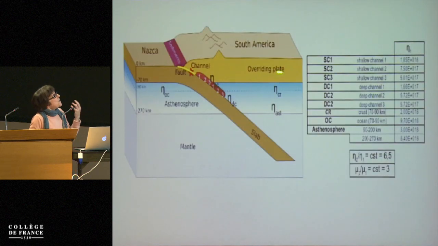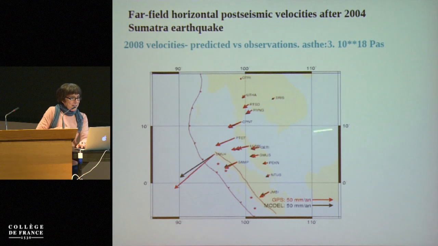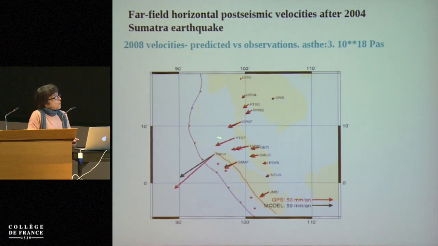And we get viscosities in the asthenosphere and in the low viscosity channel of the same type as the viscosities obtained for Japan. And again, we obtained more or less the same thing here for the Sumatra area.